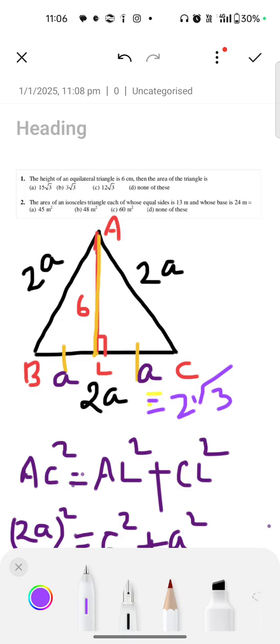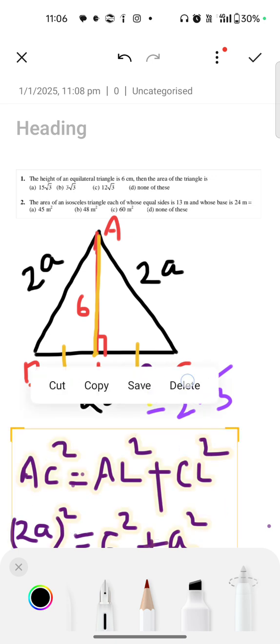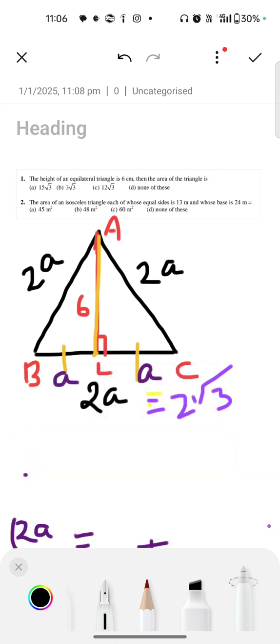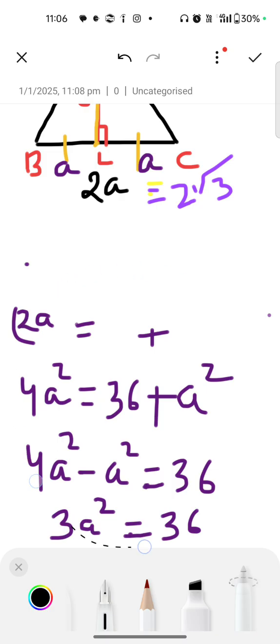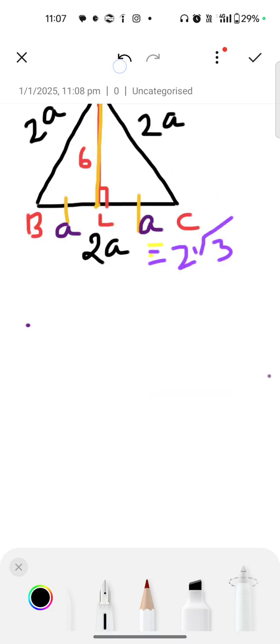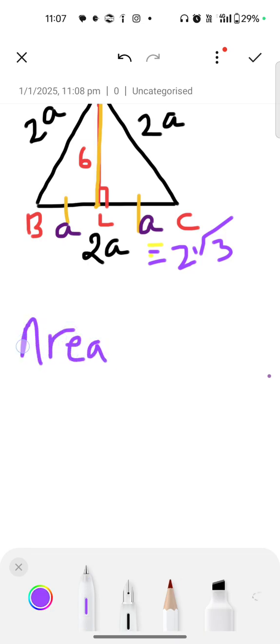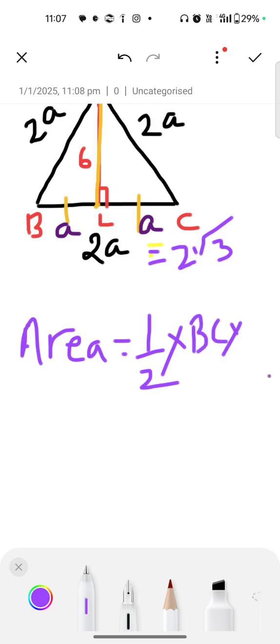So we apply the formula: area of triangle equals half into base into height. What is the base? It is BC, and your height is AL, of course.